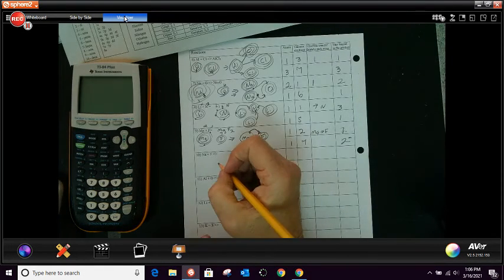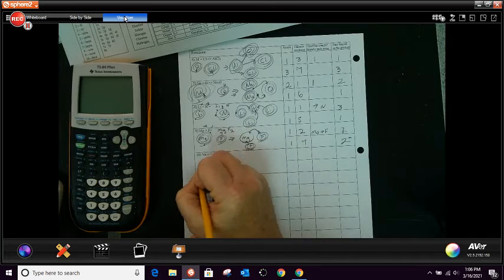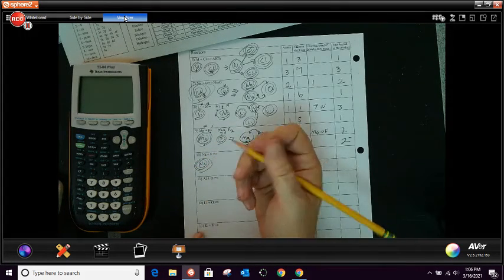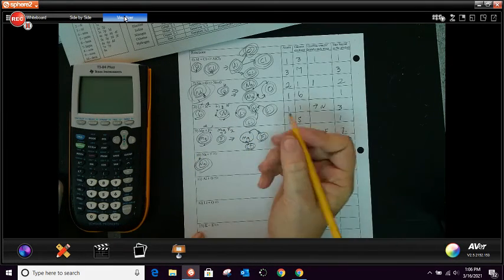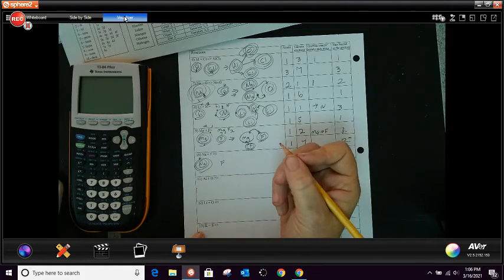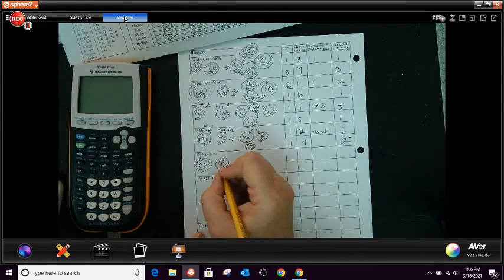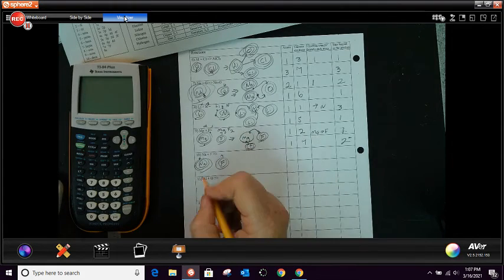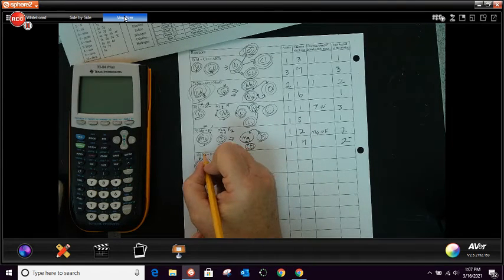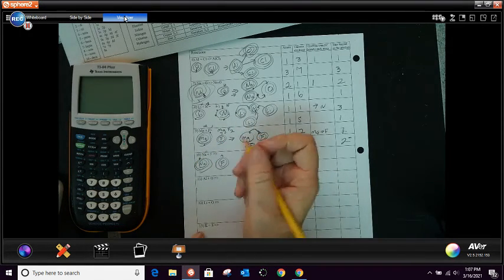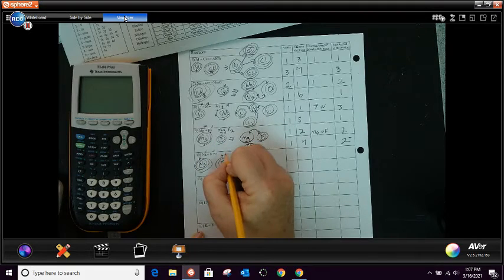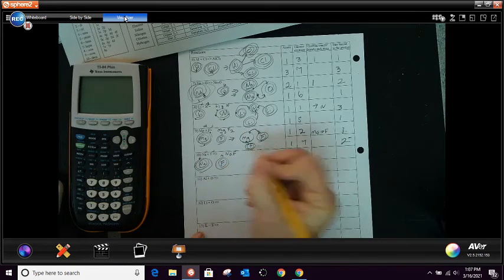Na has 3 energy levels. My last energy level has 1. Fluorine, I have 2 energy levels. The last energy level has 7. I know based on the charges, Na is a +1, fluorine is a -1, that my product's going to be NaF.